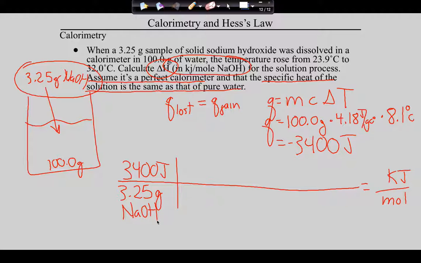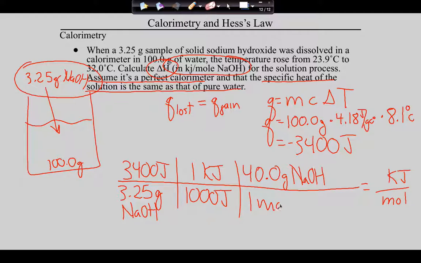So how do we fix this? Well, 1,000 joules is 1 kilojoule, and then 23 and 17, it's about 40. So 40 grams is 1 mole of sodium hydroxide.